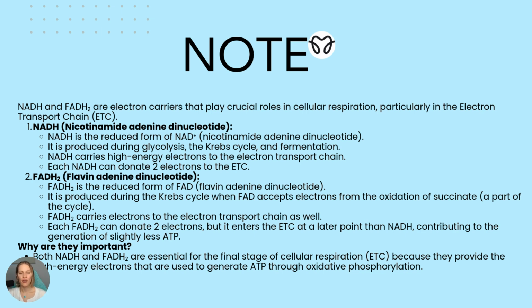They're needed for the final stage of cellular respiration because they provide high energy electrons. We need high energy electrons to do the work that is used to generate ATP through oxidative phosphorylation. Okay, so think energy. All of these things are happening all the time.